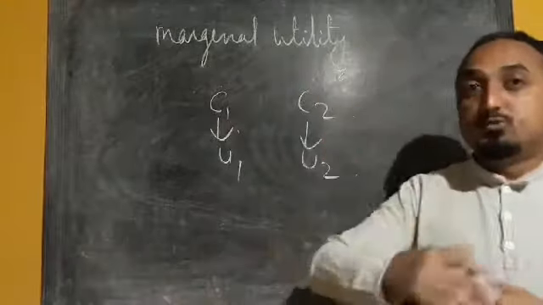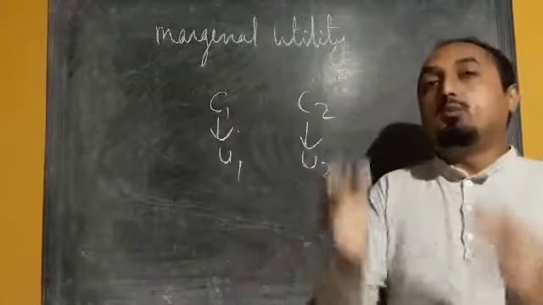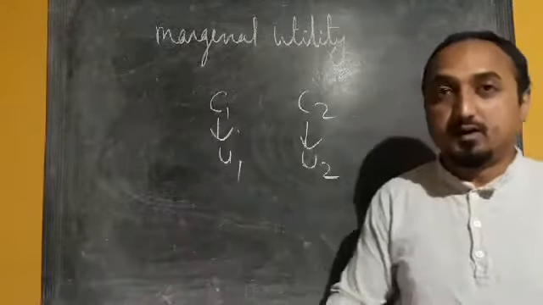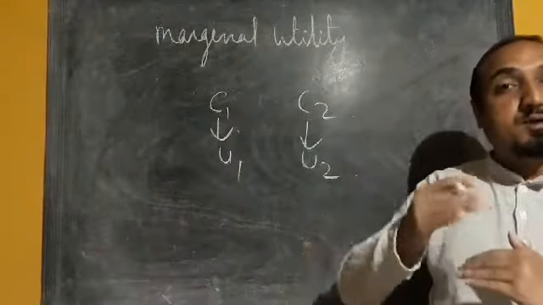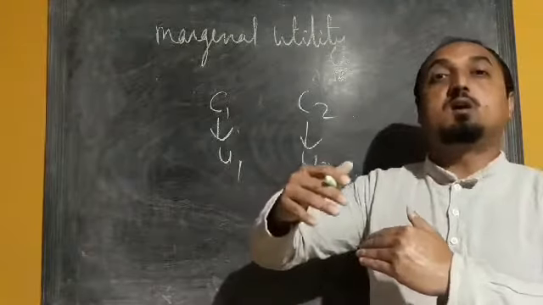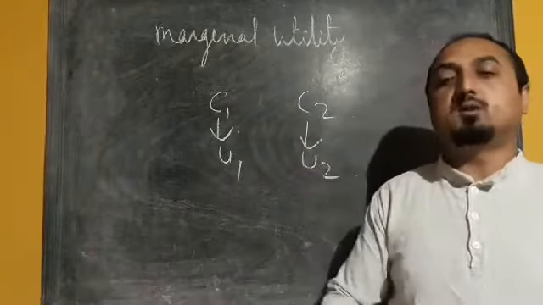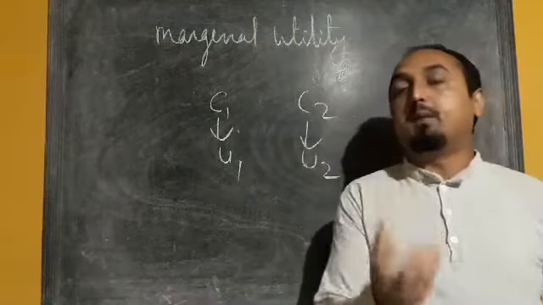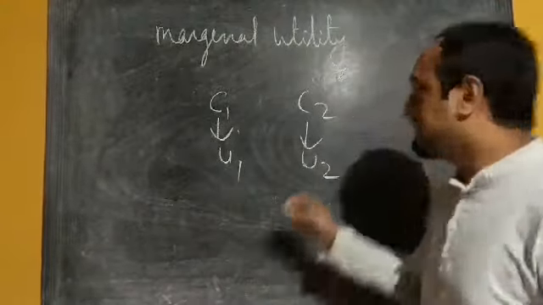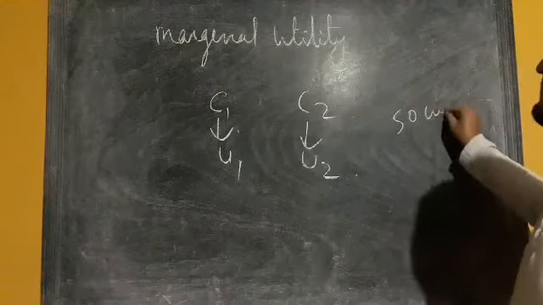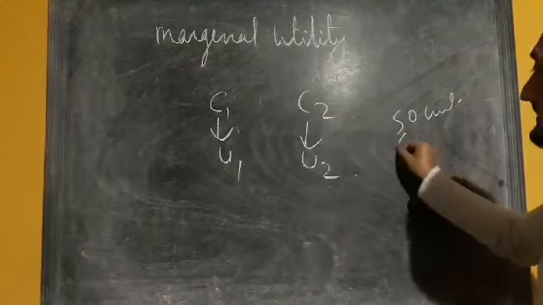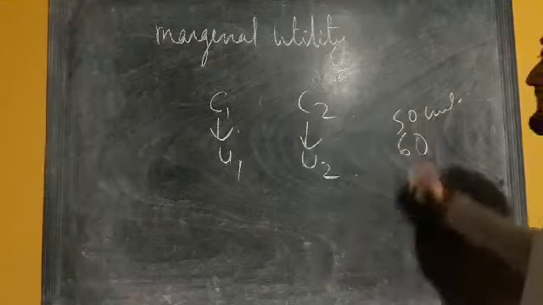When we consume more and more units of a commodity, we get a different level of satisfaction from each unit. Suppose you are consuming an apple. From the first unit of apple you are getting, suppose, satisfaction of 50 units, and when we consume the second unit, suppose the total is 60.